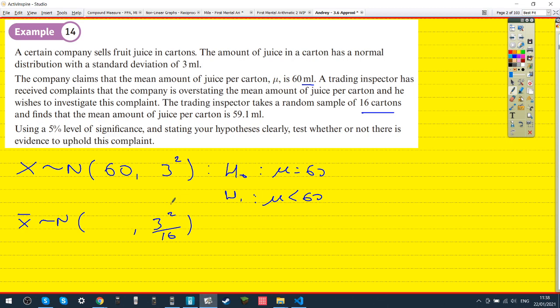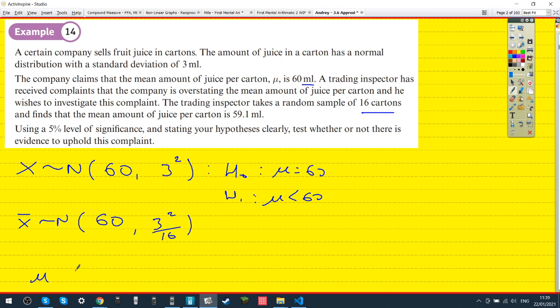We definitely know that the standard deviation has changed. We don't know if the mean is less or not, so we just keep the same mean. And then we check what is the probability that this new X is less than 59.1. Let me see. No, that's why. Sorry, we have to check the mean.